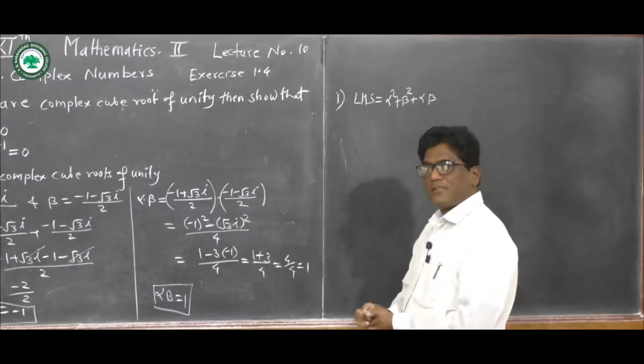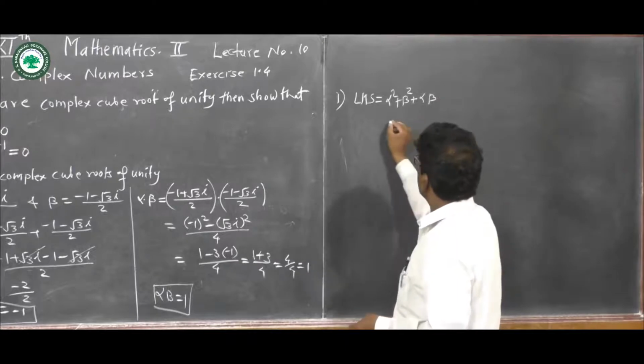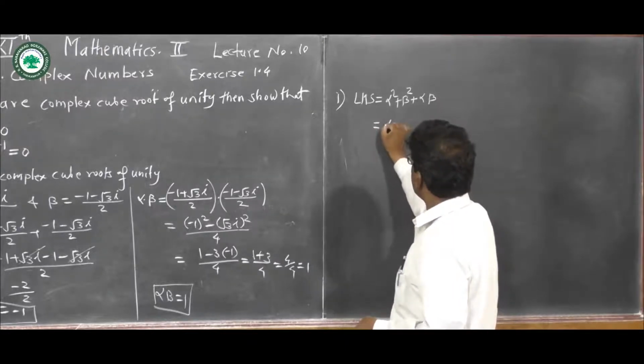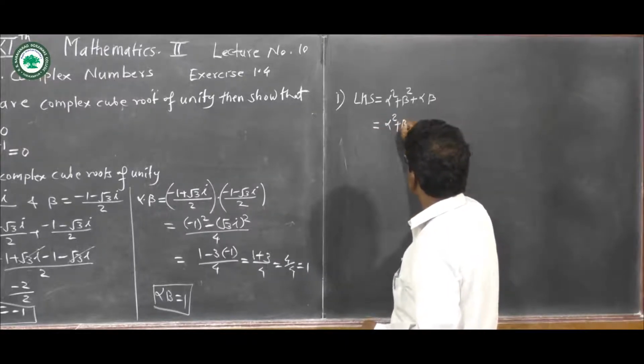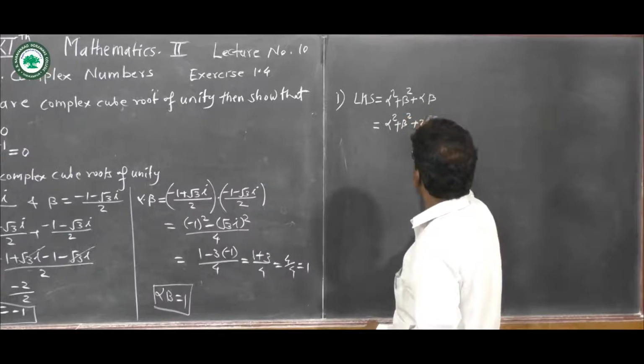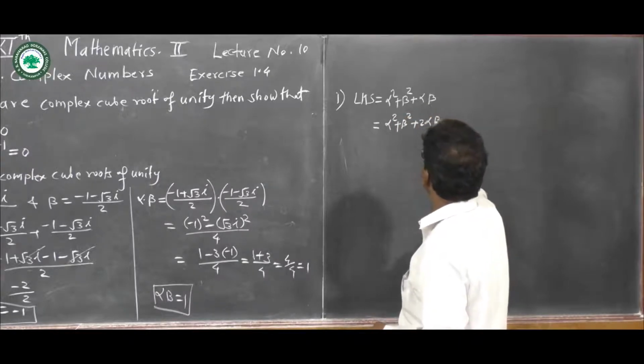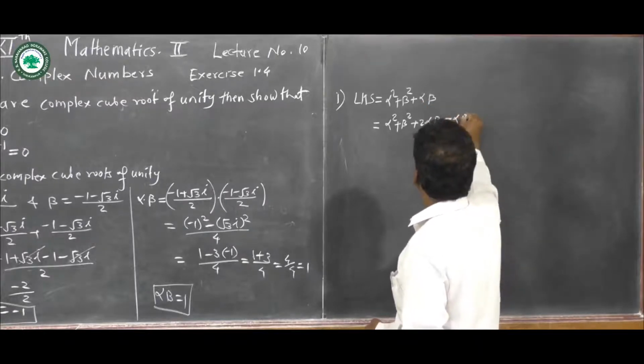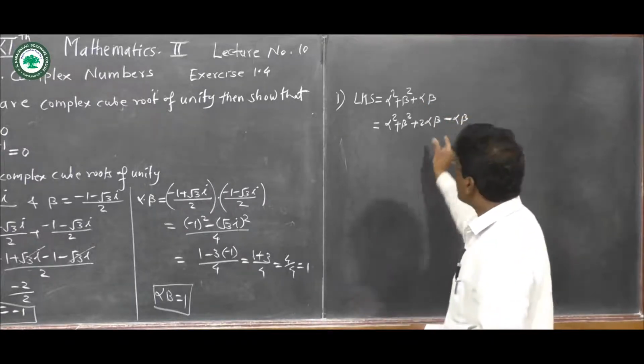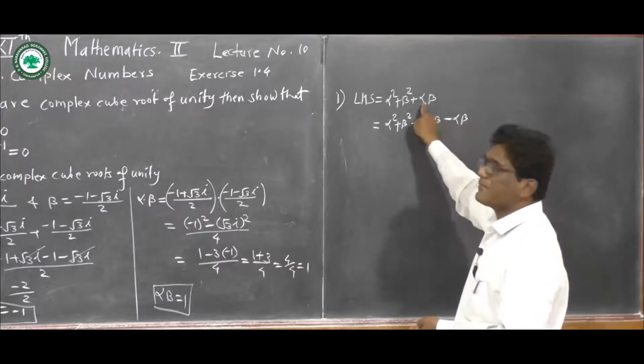If we adjust, we write it like this: alpha square plus beta square plus 2 times alpha beta, and we take 2 times alpha beta minus alpha beta, since 2 times alpha beta minus alpha beta means alpha beta.